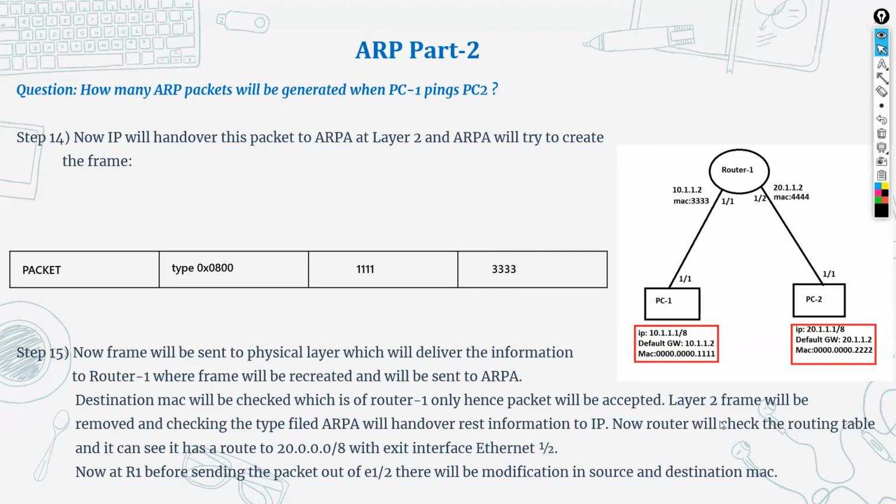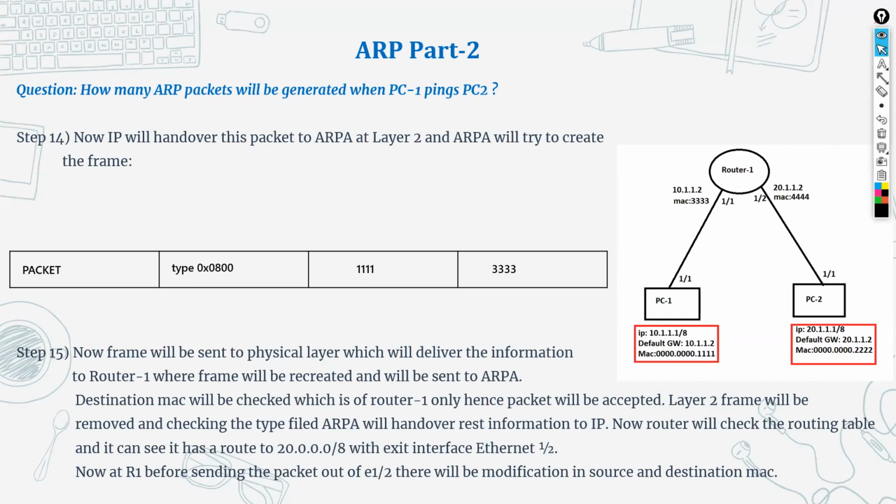So now at layer 2, the destination MAC was checked and the frame was accepted, right? So once the layer 2 header was removed, this header will be removed by ARPA. It will check the type field.